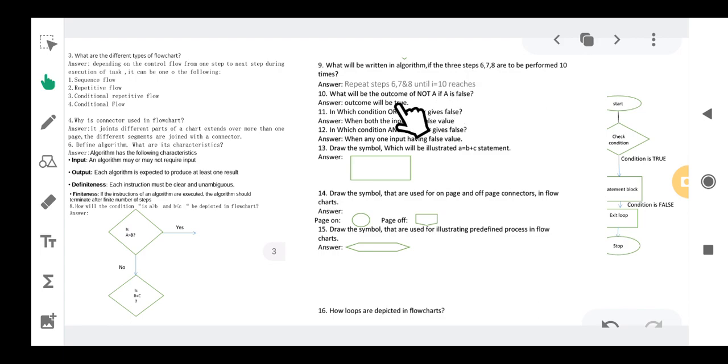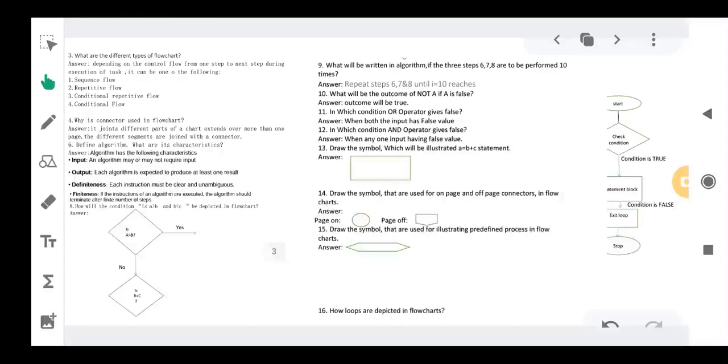We have to repeat until a condition is met, that is the value of I equals 10. Till the time I reaches the value 10, you have to repeat steps number 6, 7, 8 continuously. This is the way of depicting the loop condition.